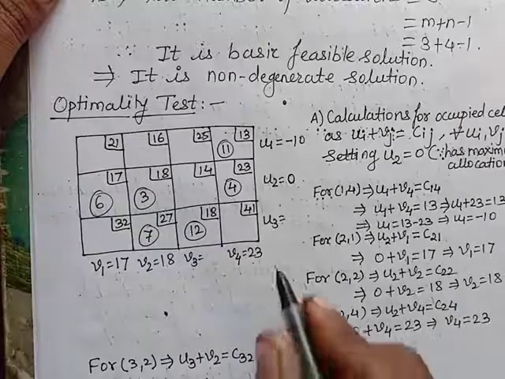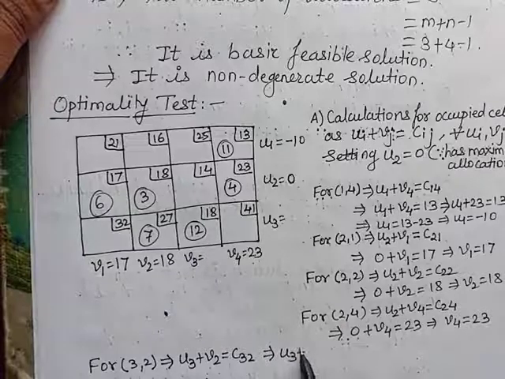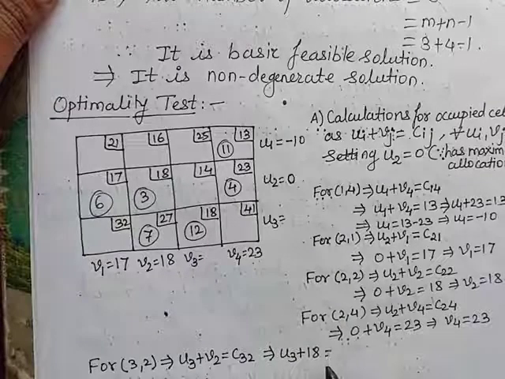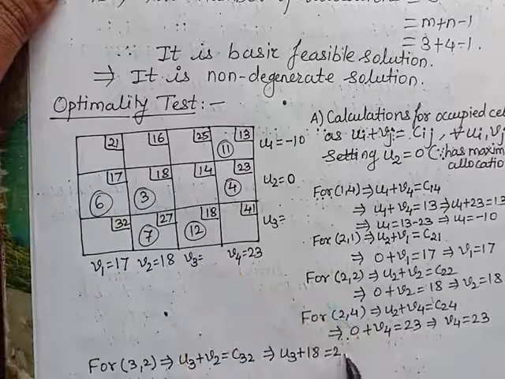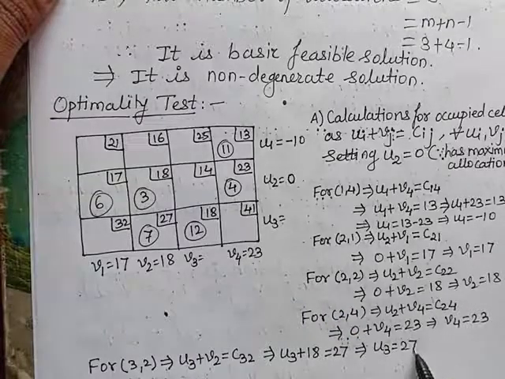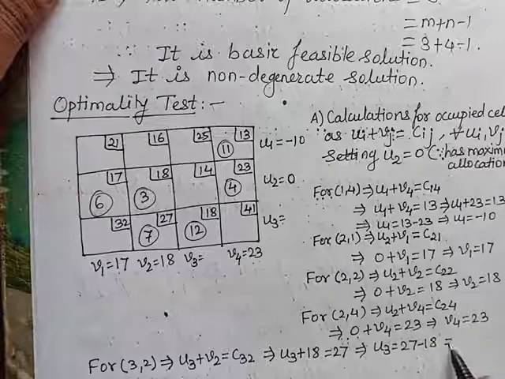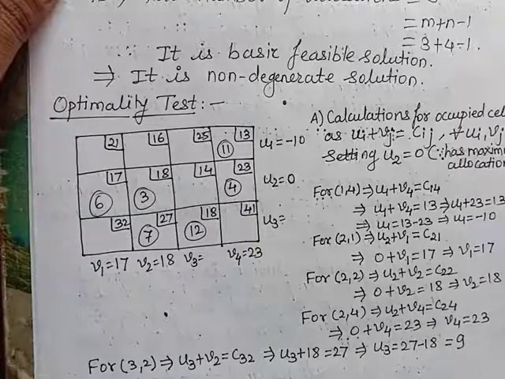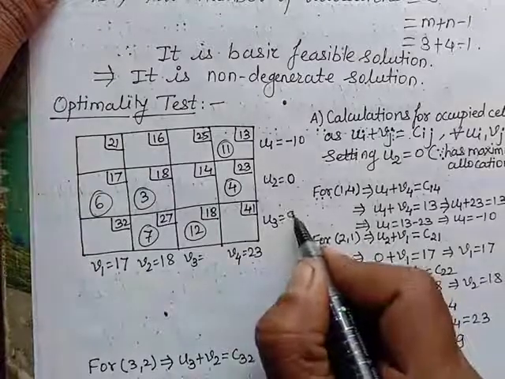U3 is unknown, but V2 is known, it is 18, and C32 is 27. So U3 is 27 minus 18, which is 9.